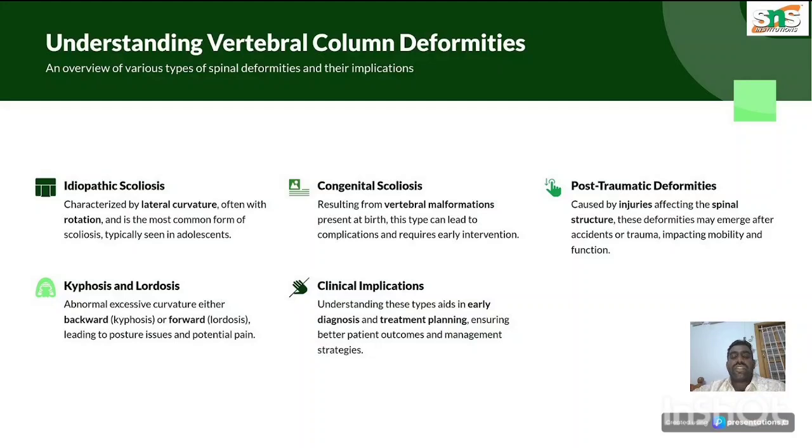The clinical implication is that understanding these types aids in early diagnosis and treatment planning, ensuring better patient outcome management and strategies. Post-traumatic injuries affect spinal structures. These deformities may emerge after functions are lost during surgical procedures or other implications, etc.